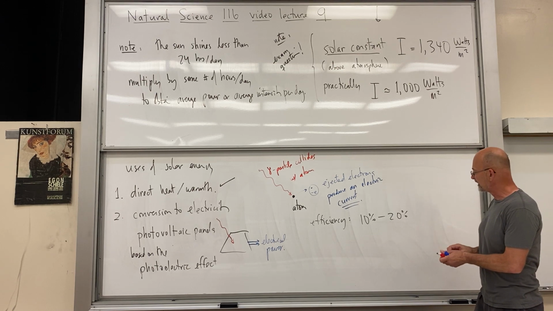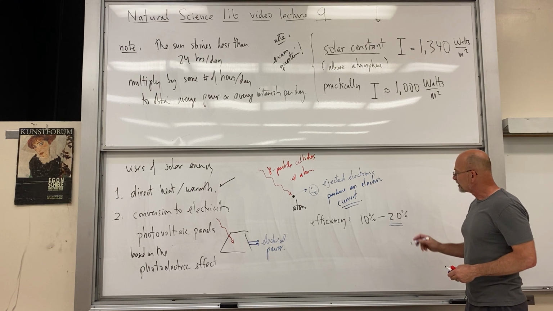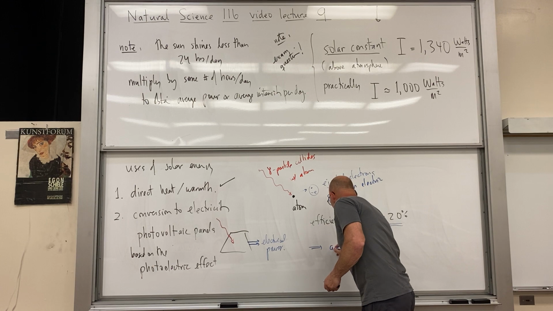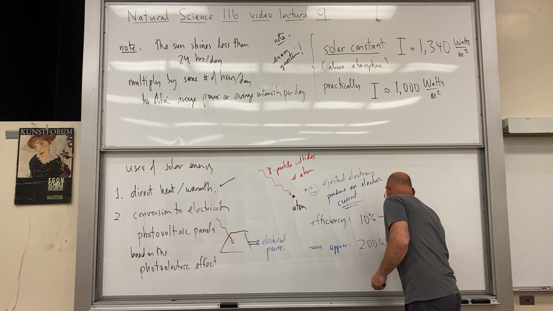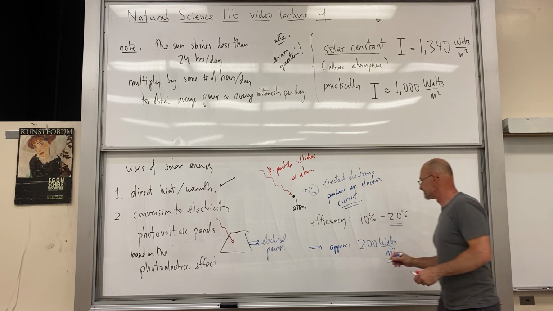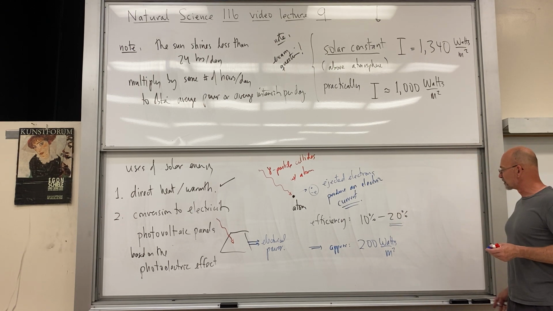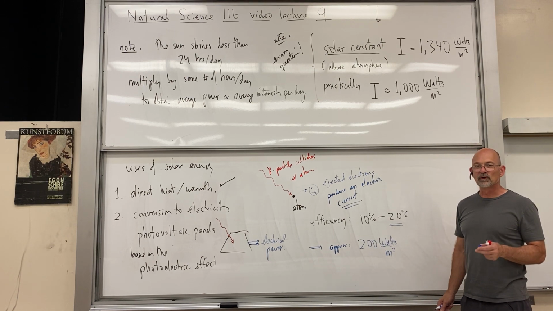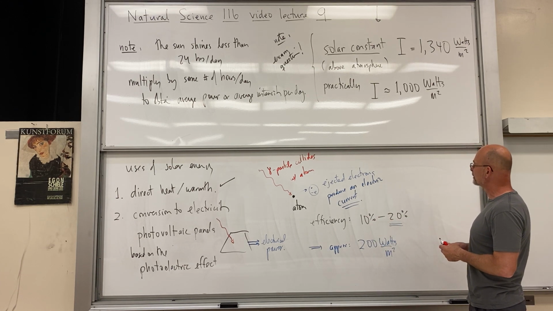So we'll go with the 20%. 20% efficiency means that we can get approximately 200 watts per meter squared. Okay, and this is the kind of thing that's changing as technology improves, but I think 200 watts per meter squared is a good number for a solar panel out there in the noonday sun, okay, the afternoon sun. So we got 200 watts per square meter.